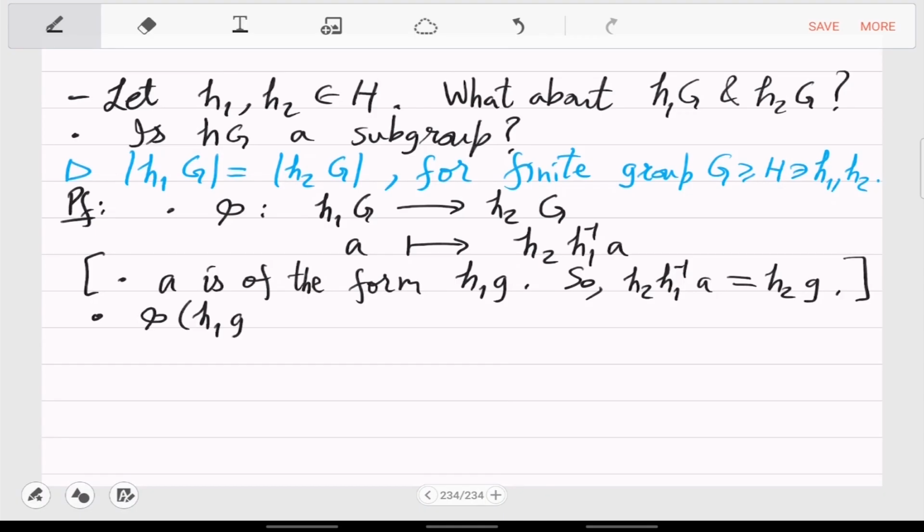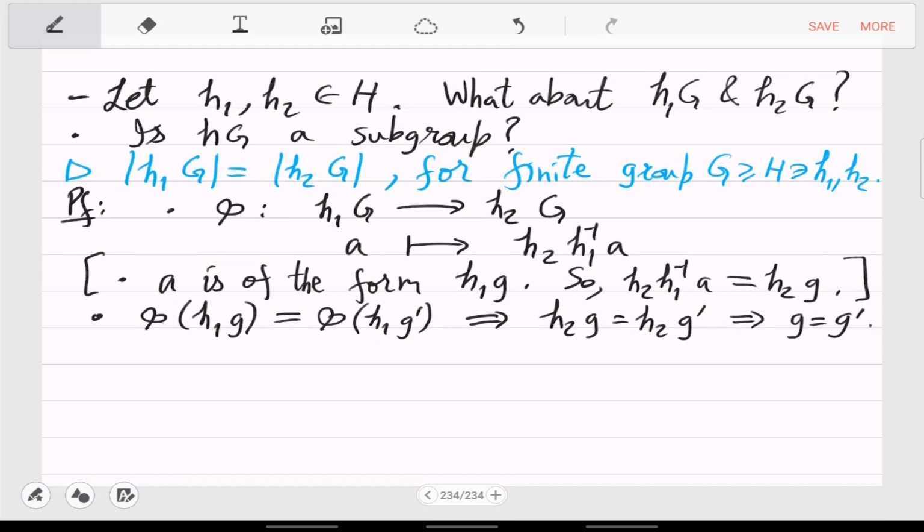So if phi of H1G is equal to phi of H1G prime, then what you have is H2 H1. So in the image, this means that H2G is equal to H2G prime, which means what? Yes, you can cancel. That's the group axiom. So which means that G is G prime.